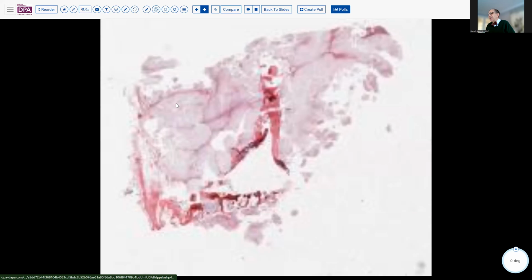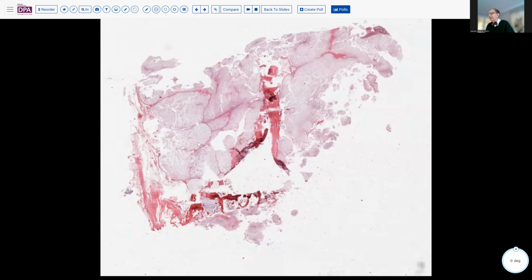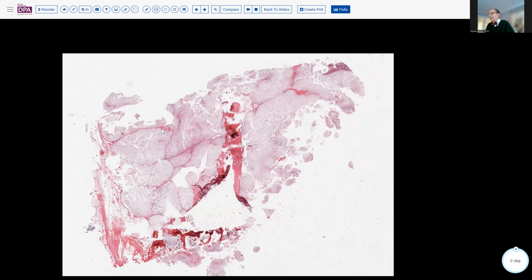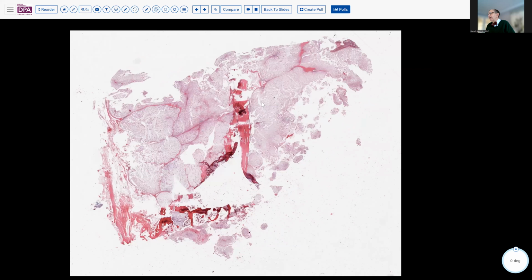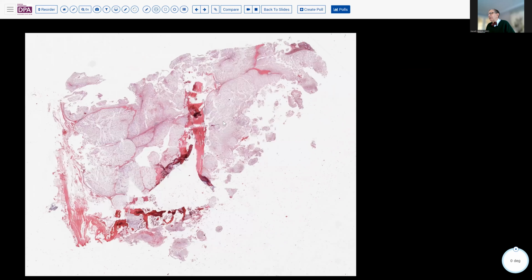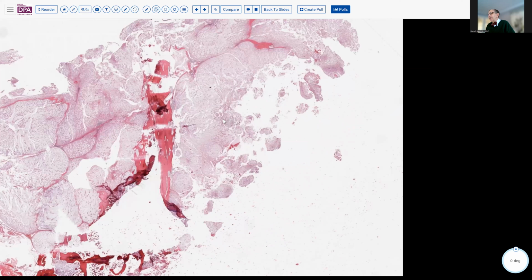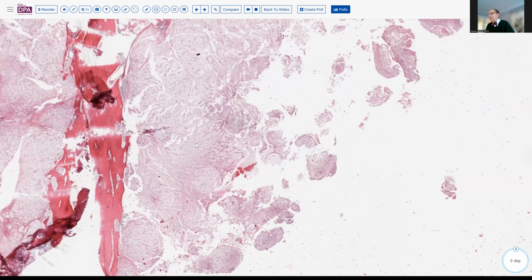So this is the lesion that we want to contrast this with, which also can occur in the sacrum, and has a very myxoid appearance. As you can see, there's a lot of pale tissue here, and maybe even some degree of papillarity to some areas of this, or at least nodularity.